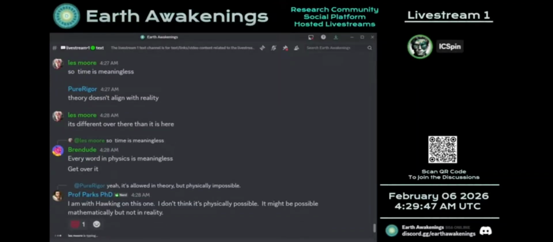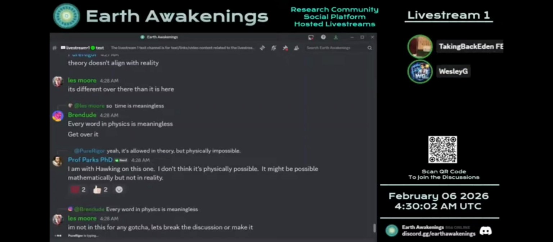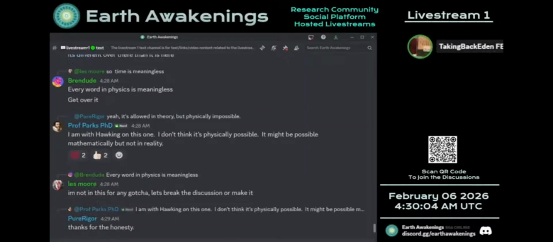Just type acceleration in your address bar and tell me what it says after you hit enter. Speeding up. The scientific definition: when an object speeds up, the acceleration is in the same direction as its velocity. An increase in speed is acceleration, and a decrease in speed is deceleration or negative acceleration when an object slows down. You never mentioned direction. The scientific term for acceleration is a change of speed.